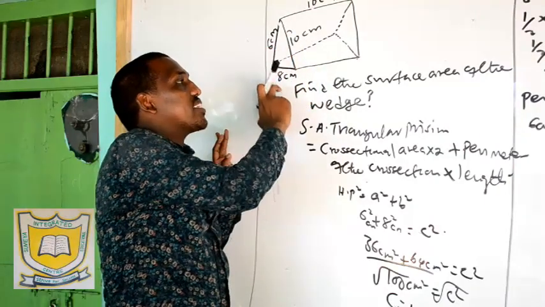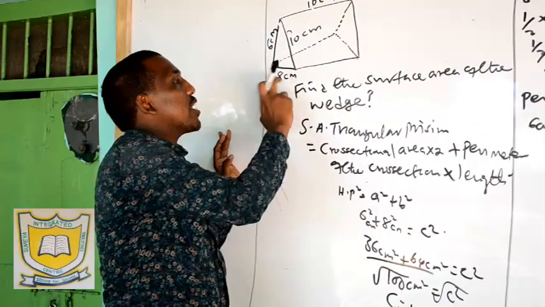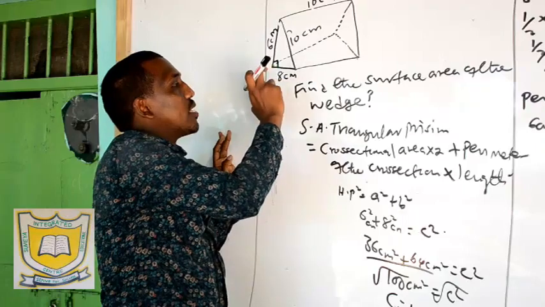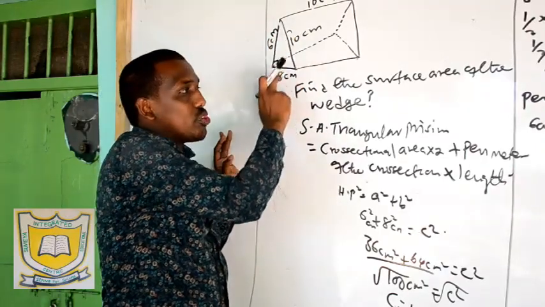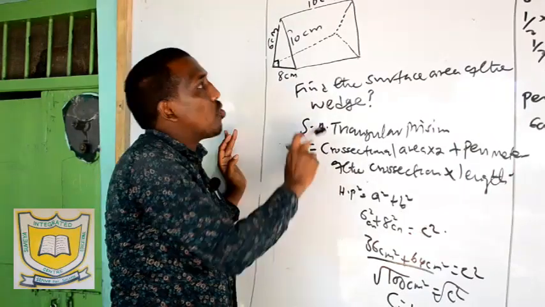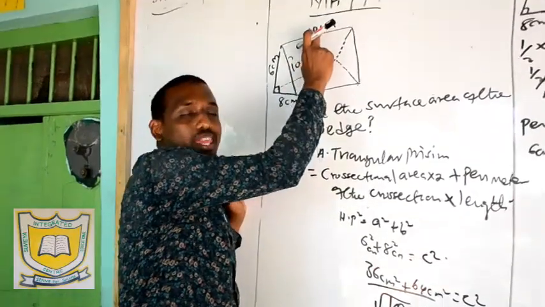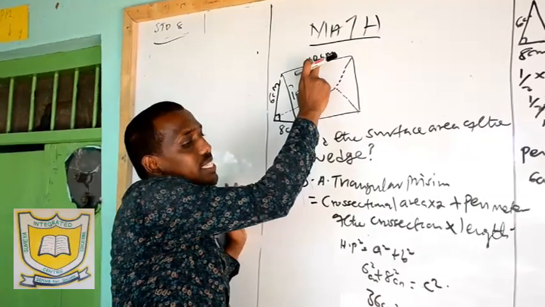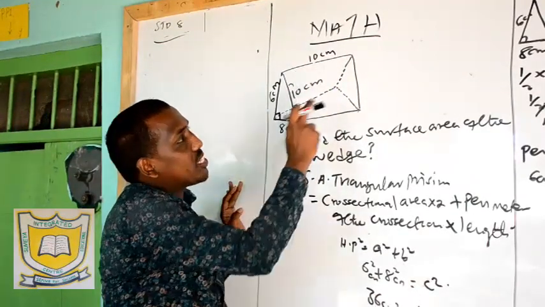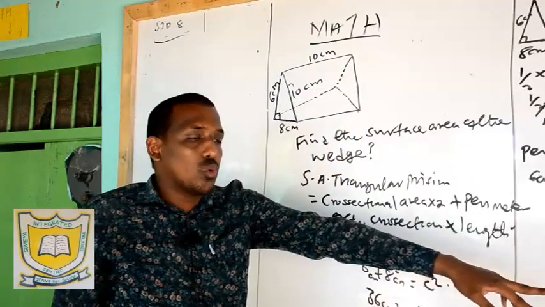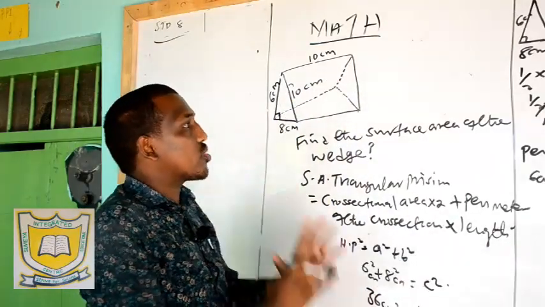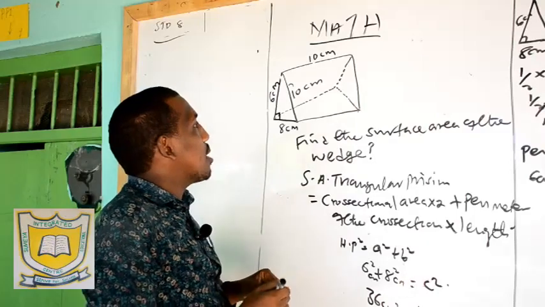Perimeter, you add the 3 sides. Pythagoras theorem, you've already used 8, 6, 10. So 6 plus 8 is 14, 14 plus 10 is 24. So the perimeter is 24. Perimeter times the length: 24 times 10 is 240 centimeters squared, plus the area of the right angle triangle ends. So now you get 288 centimeters squared. So that's how we solve the triangular prism.